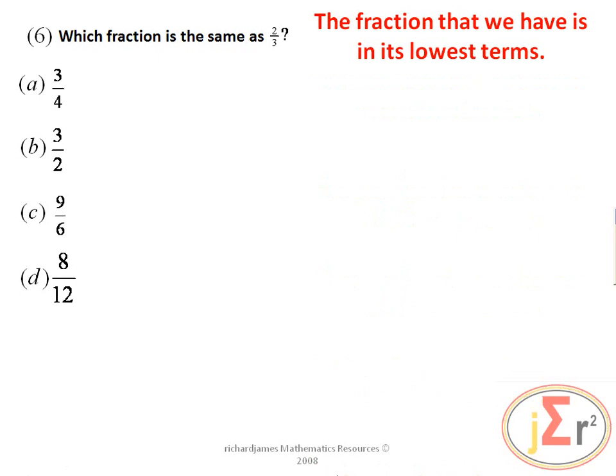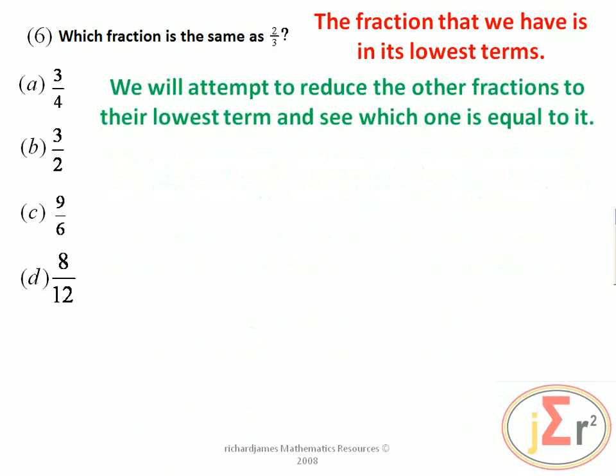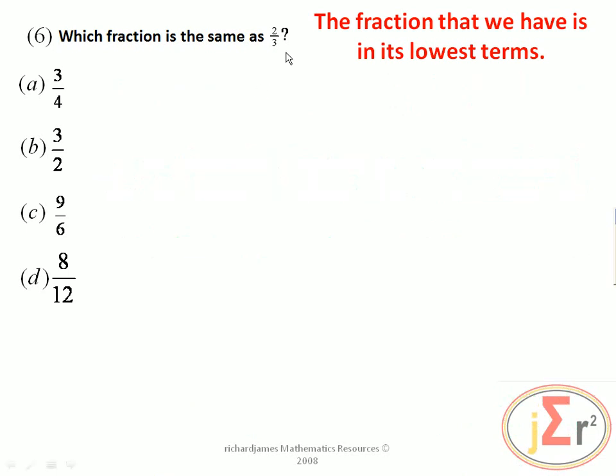The fraction that we have there is in its lowest terms. What do we mean, Jerry, when we say that the fraction is in its lowest terms? Alright, we cannot cancel down the fraction. It means that we cannot use any number that can divide into 2 and use that same number to divide into 3 so that we'll get smaller numbers.